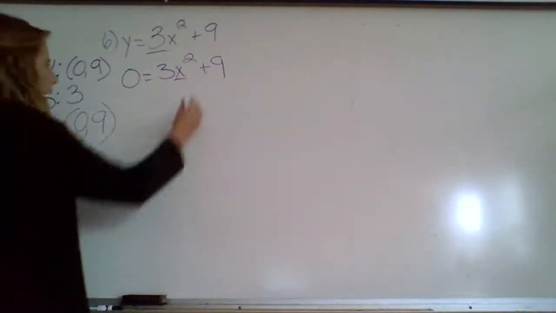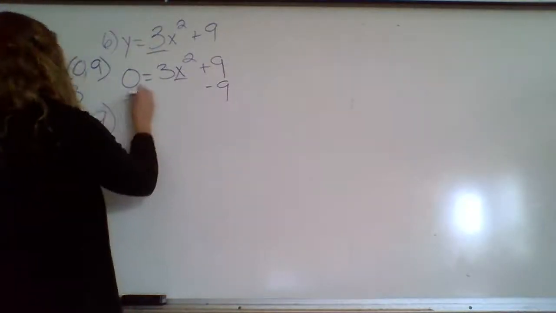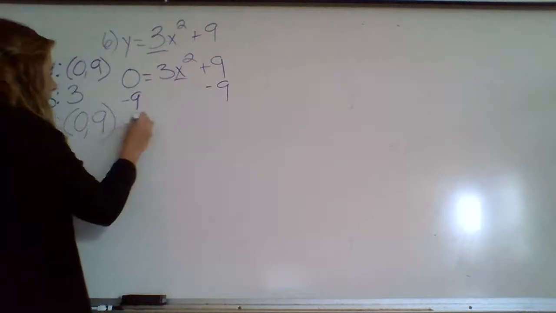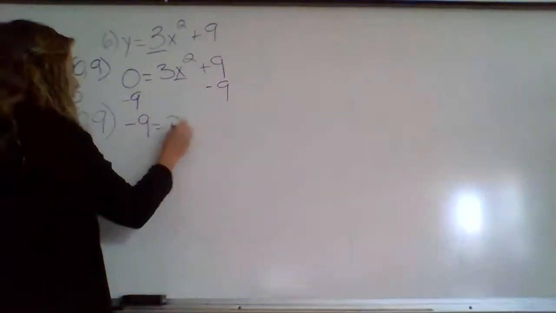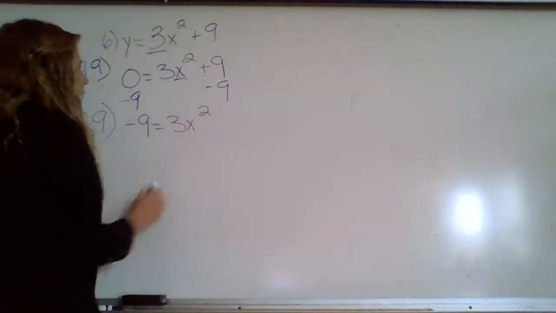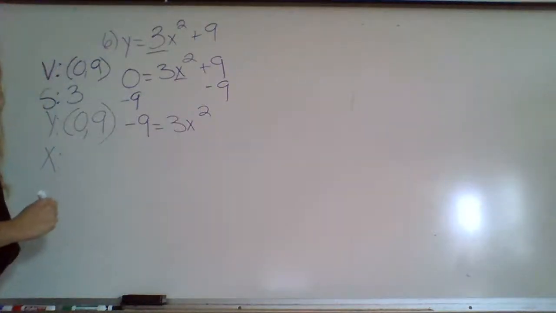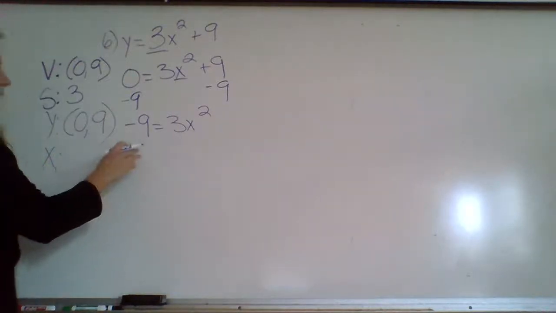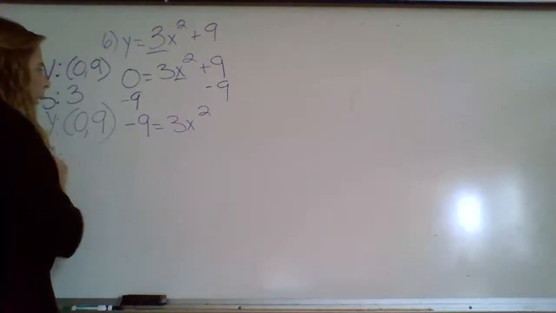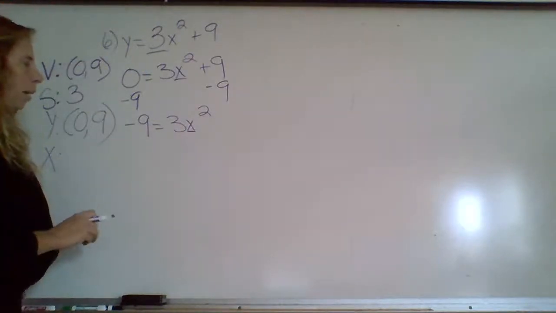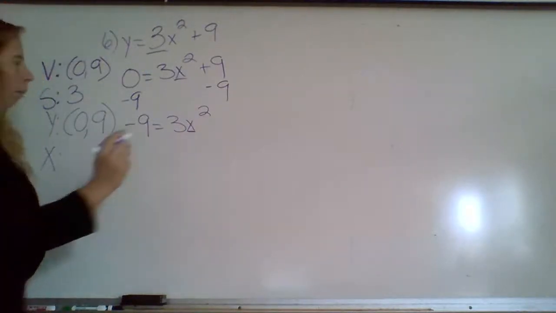So first we're going to subtract 9 from both sides. 0 minus 9 is negative 9 equals 3x squared. 9 minus 9 is 0. So that's what you're left with. And then we're solving for x, although some of you might already see there's going to be a problem.